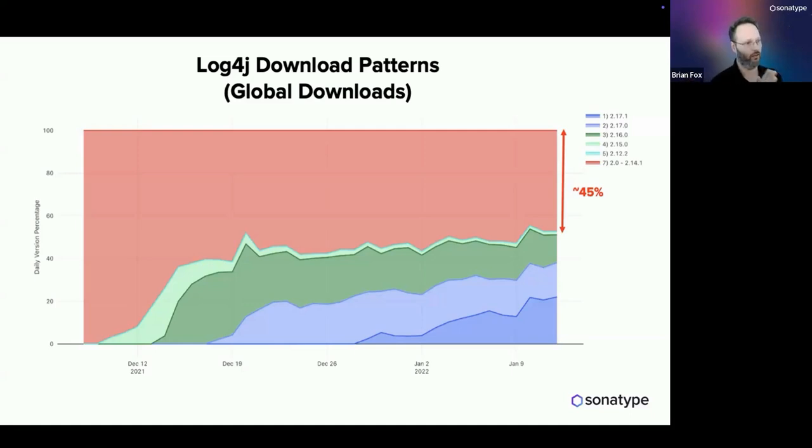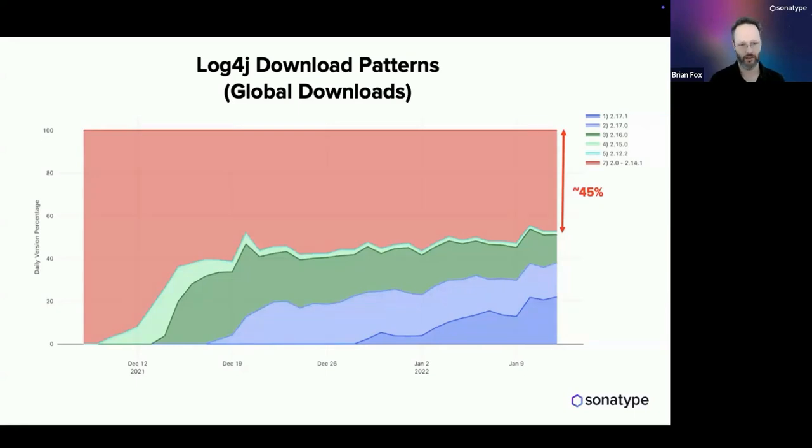And you could see even all the way on the right, a whole year later, still 45% of the versions being downloaded a year after the most prominent, most publicized, most attacked Java vulnerability was still 45%. Up until around mid 2024, that was still 33%. So a third of the consumption 3 years later was still in this terrible situation.